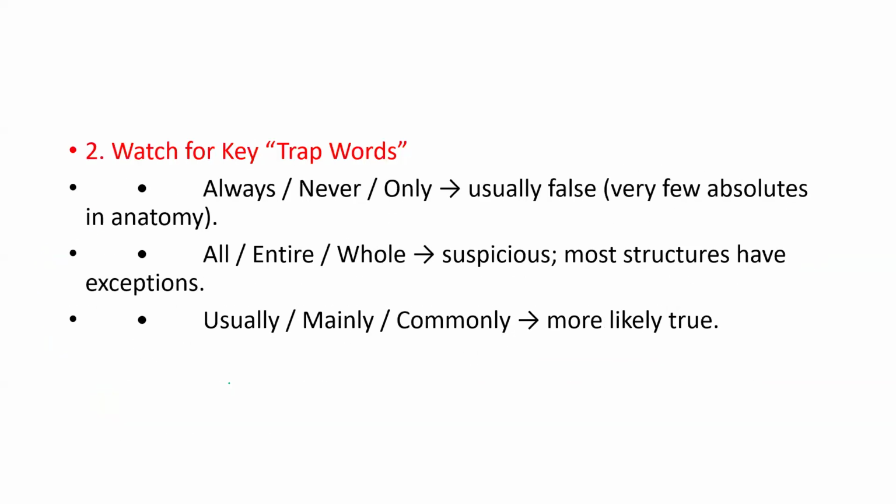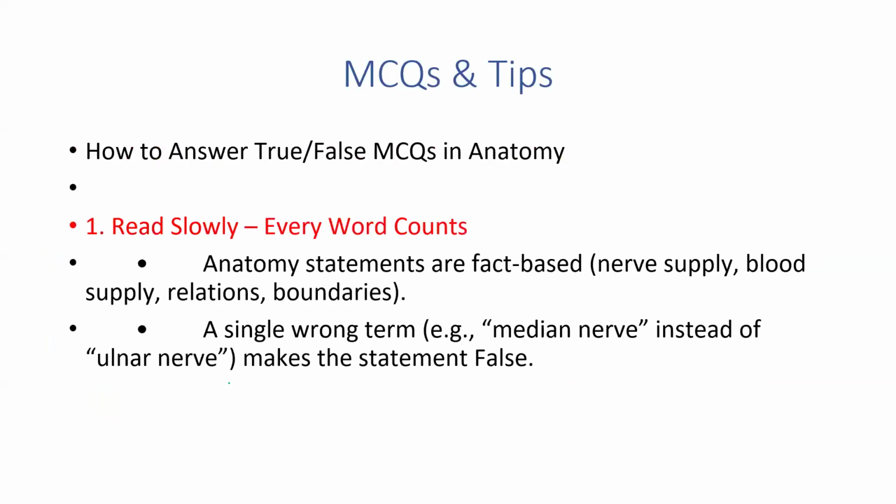Again, back. Anatomy statements are fact-based. Okay, so nerve supply, blood supply, relations, boundaries. In your statement, a single wrong term, for example, median nerve instead of the ulnar nerve. So if they are telling that the median nerve supplies the medial half of the hand, and then they replace the word with ulnar nerve, that is false.